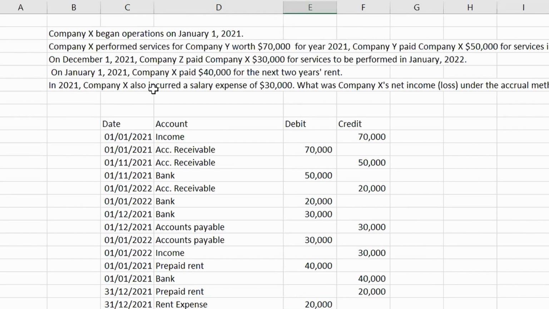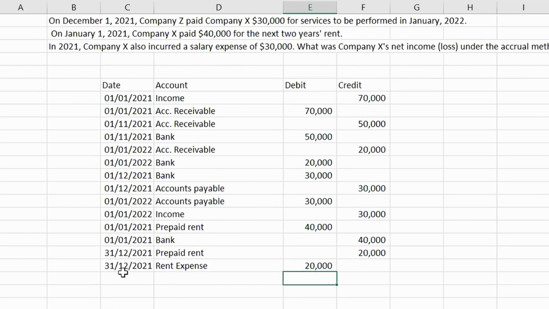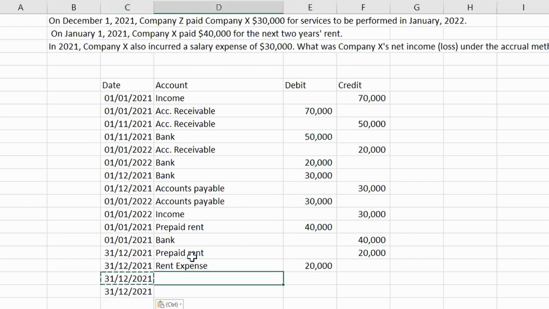In 2021, company X also incurred a salary expense of 30,000. What's the register, please? Accounting register for salaries. Arturo? Administrative expense. Okay, but we can call it salary expense.